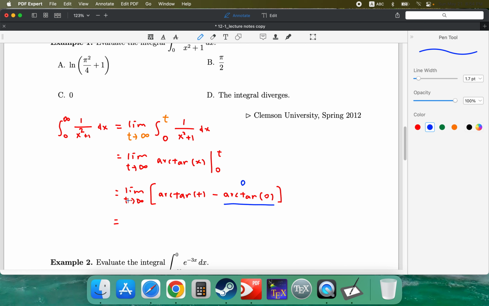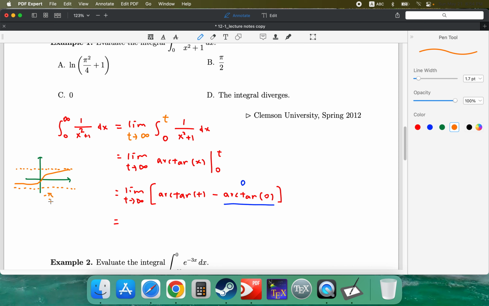Now this is also from pre-calculus. If you forget, just recall that the graph of arctangent is this, and there are two horizontal asymptotes for arctangent. When x goes to infinity, your y will approach pi over 2, and when x goes to negative infinity, your y will approach negative pi over 2.